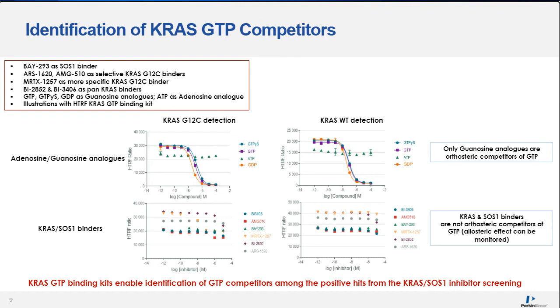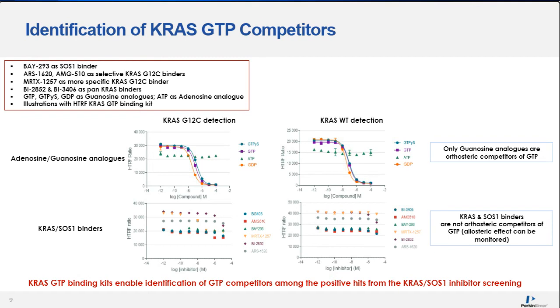The competition profiles obtained with all guanosine nucleotides and the absence of full inhibition detected with all KRAS SOS1 binders were consistent with the data from the literature and the binding sites described for KRAS and SOS1 binders. Data are not shown here, but the competition was demonstrated with both HTRF and AlphaLISA kit versions.